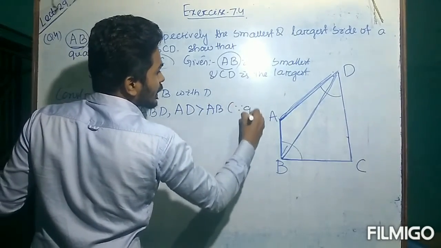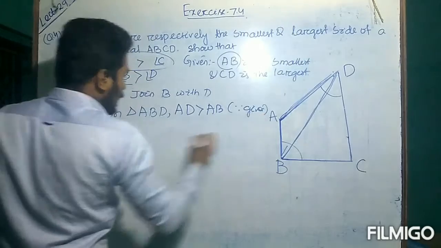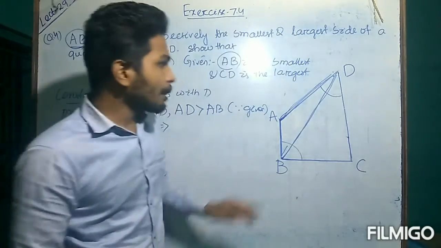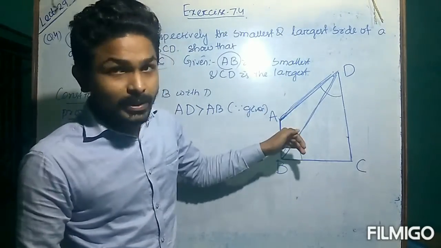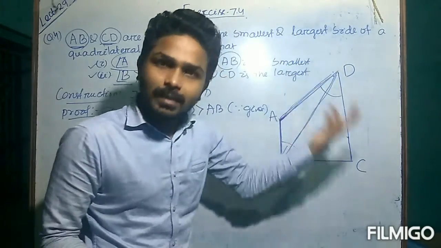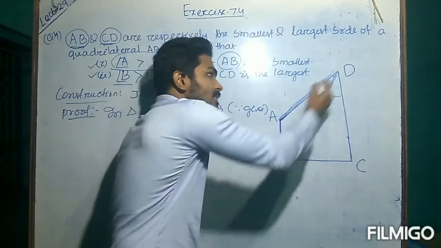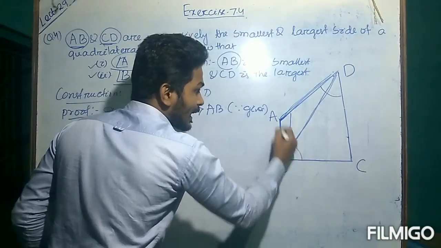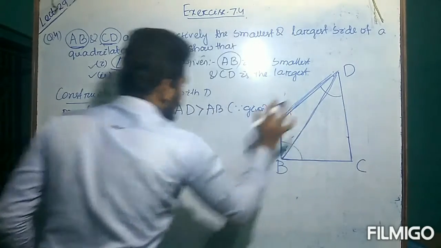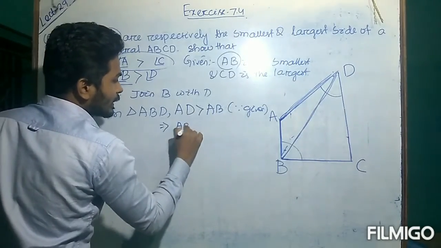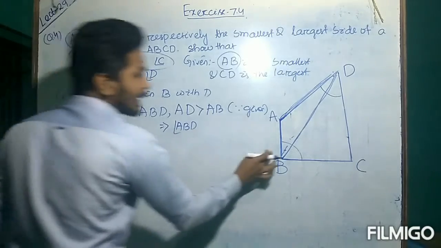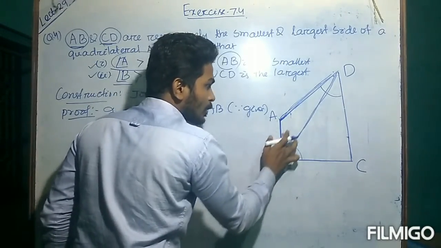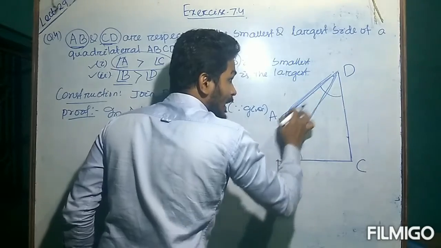This is given. Now according to theorem 7.6, we know that the opposite angle of the larger side is larger. So here AD is the larger side and its opposite angle is this angle ABD, right? So ABD, and the opposite angle of side AB, consider this triangle, right? This side AB, the opposite angle is this, ADB.